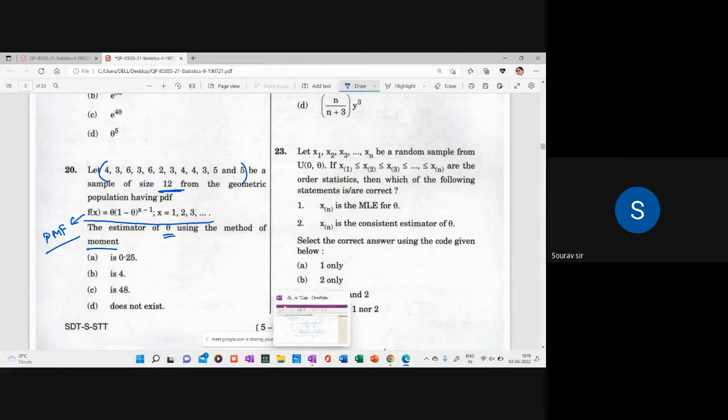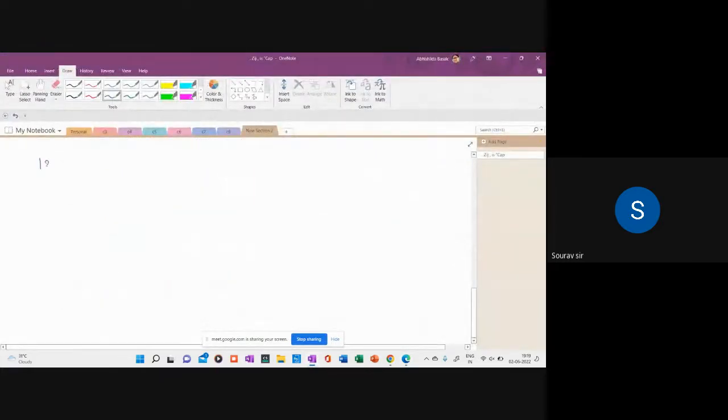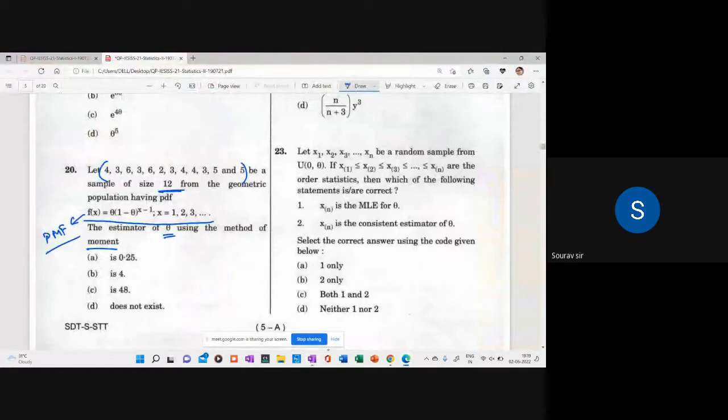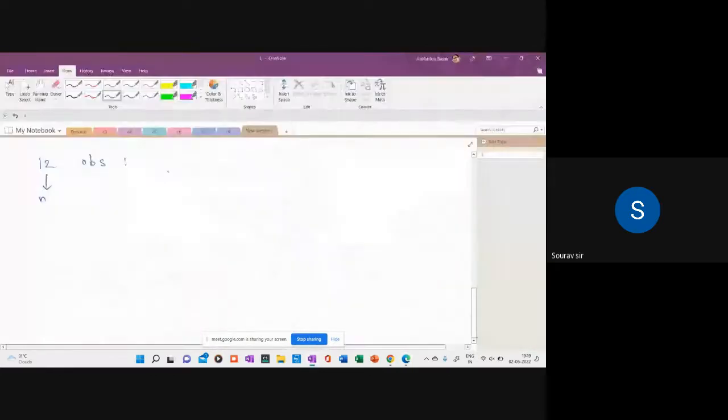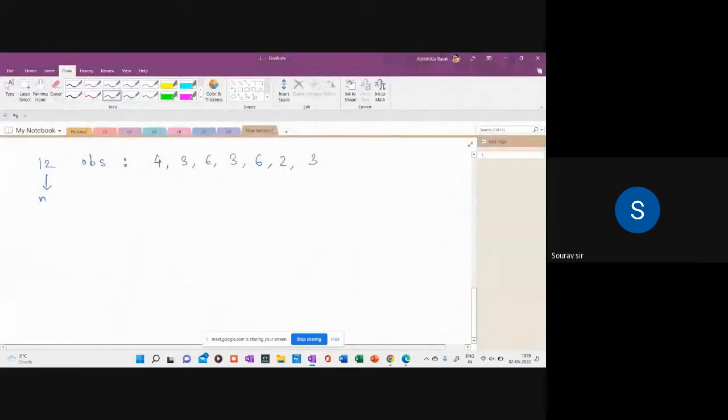Let us write down the sample. 12 observations, so that is the value of n. The observations are 4, 3, 6, 3, 6, 3, 4, 4, 3, 5, 5.